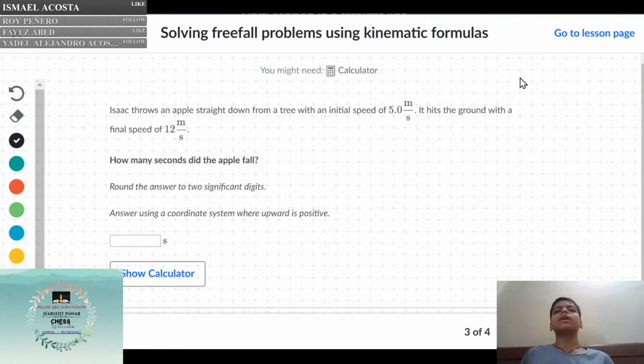Isaac throws an apple straight down from a tree with an initial speed of 5 meters per second. We know its initial velocity is equal to 5 meters per second. These are all vector quantities, and they can change. Its final speed is equal to 12 meters per second.